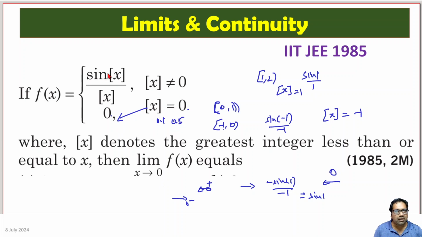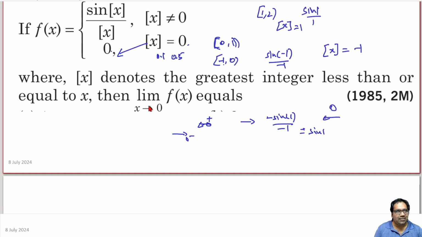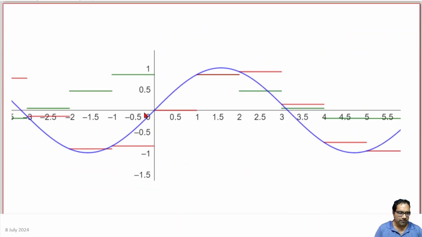Let us have some deeper understanding of this function. How does the graph look? Sine of the greatest integer function of x by the greatest integer function of x, that is our graph. It is 0 when x is between 0 and 1, that is already given. Now the greatest integer function of x, between 0 to 1 it is 0.